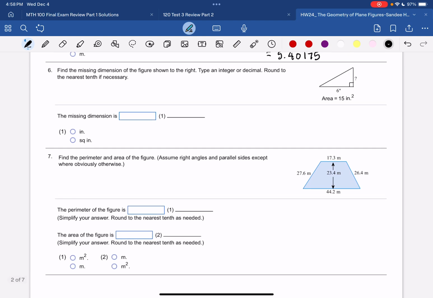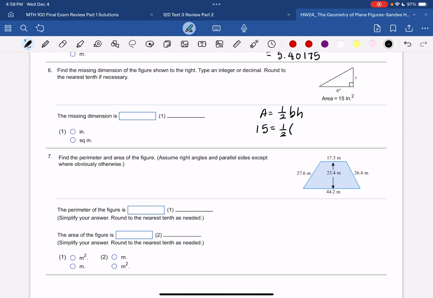Example number 6. Find the missing dimension of the figure shown to the right. Type an integer or decimal. So we know the area is 1/2 base times height. They tell us our area is 15.